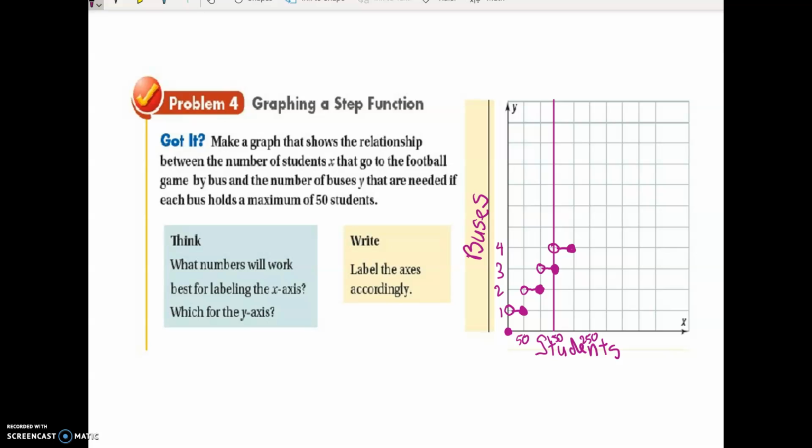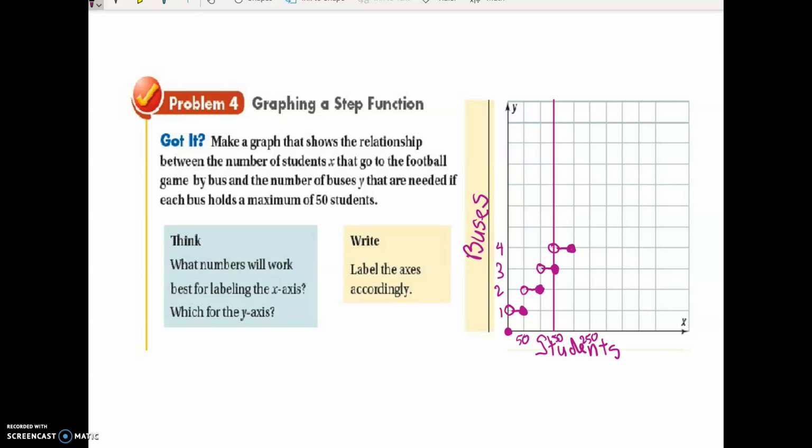So if we look here, I start with one bus, and this shows an interval of all the students that could be on that one bus. So from anywhere from 0 to 50. Then the second bus would start at 51 students. So that's why we have an open circle here. And then that would go to 100 students. The third bus would start with 101 and kind of go from there.